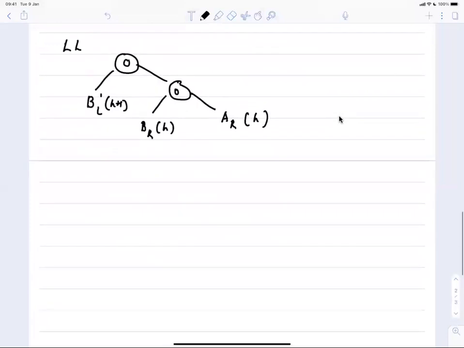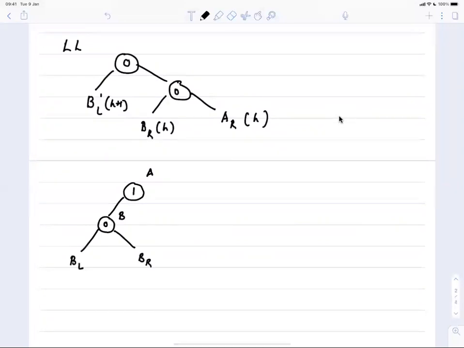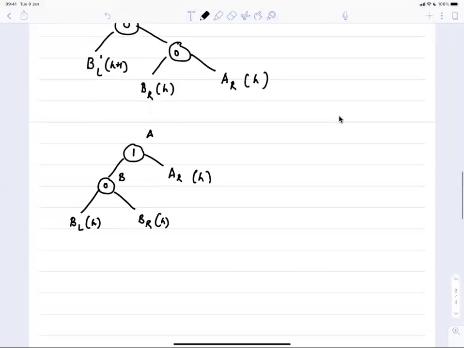Now, when do we perform a left-right rotation? Okay, again, the same scenario. If we have this as A, this as B, B has a balance factor of 0, with subtrees BL, BR of height H, H, and this is, let's say, the right subtree, again H, but now the insertion is happening here.